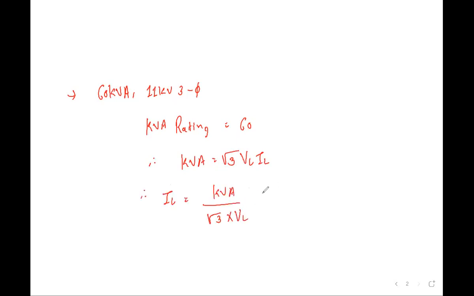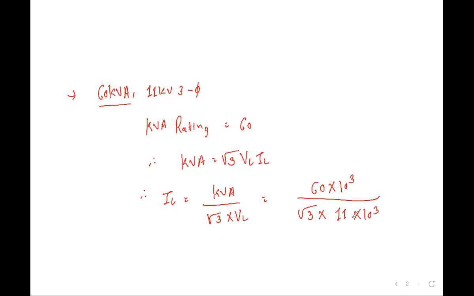We have to find IL. Now what is the value of kVA rating? My alternator is 60 kVA, so 60 times 10 raised to 3, divided by √3 into the voltage rating, 11 into 10 raised to 3.